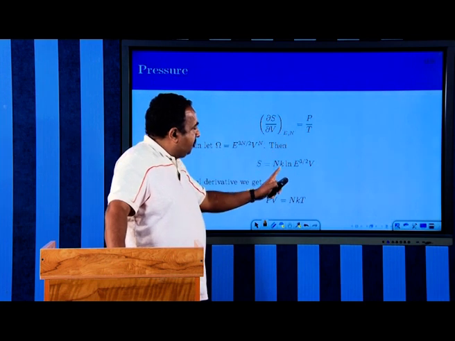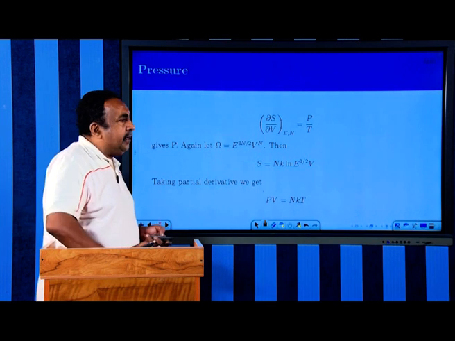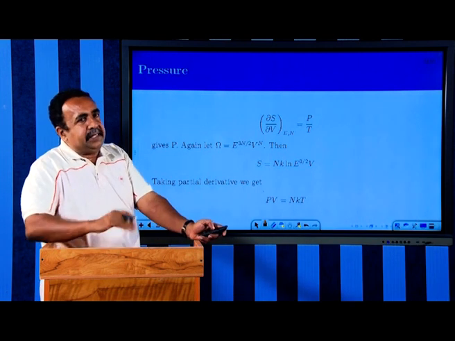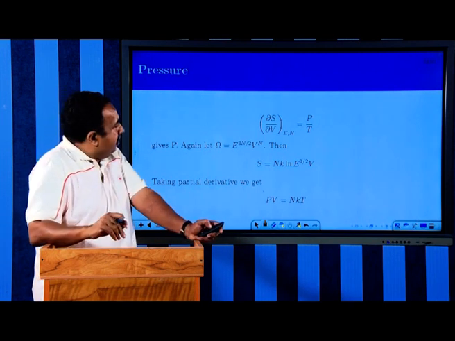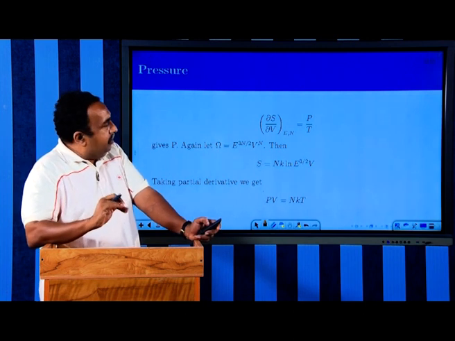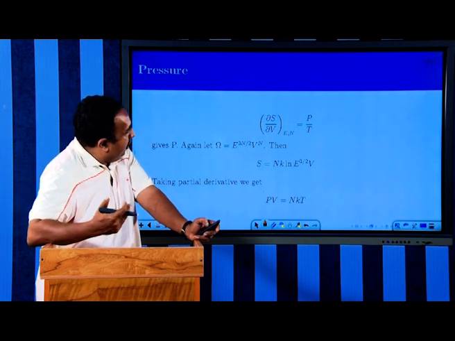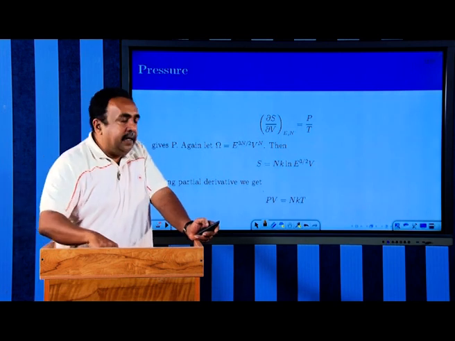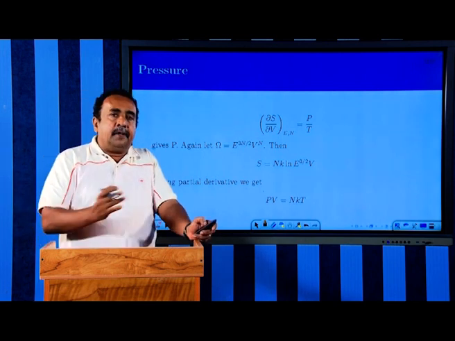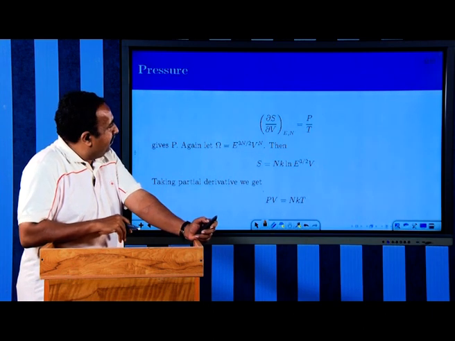Therefore, N is constant, k is constant, E is constant. This equation simply changes to Nk log V only, plus some constants. Therefore, dou S by dou V will become Nk times the derivative of log V, which is Nk by V. Therefore, dou S by dou V, which is P by T, will be equal to Nk divided by V, which on cross multiplying gives PV is equal to NkT.